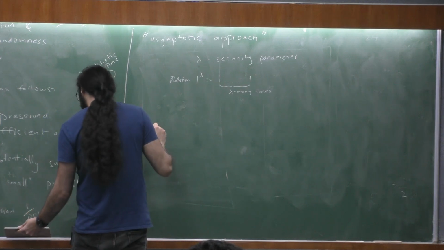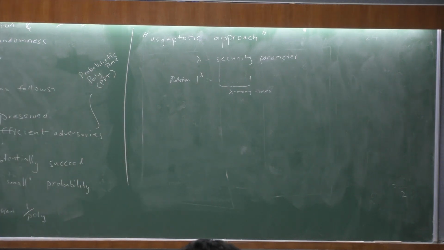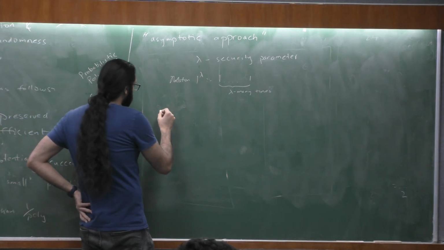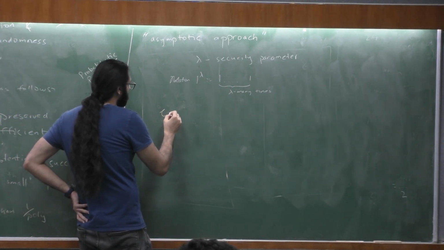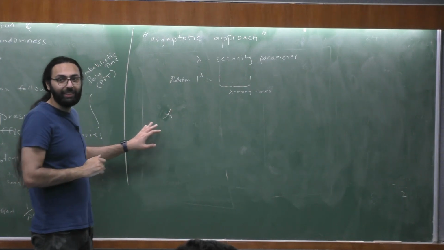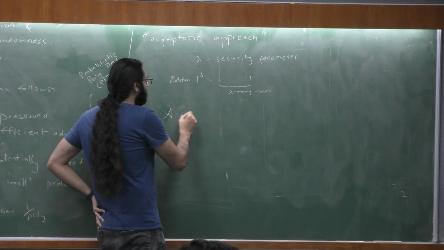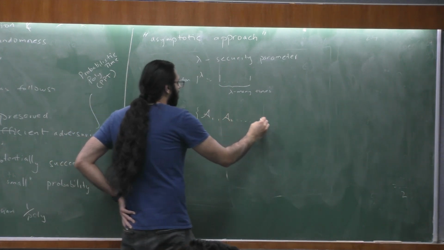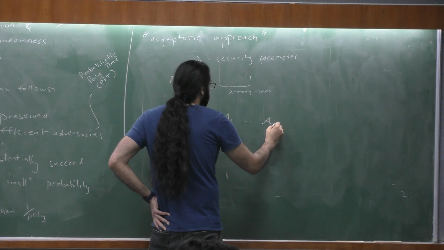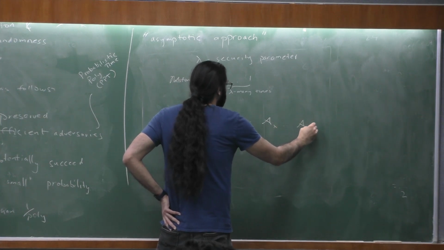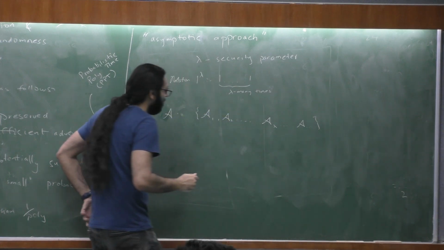So let me give you a simplified version that would suffice. We will never think about a single algorithm. We'll always think about a sequence of algorithms. So if there's an adversary A, what I'm thinking is that there's really a sequence of A's: A1, A2, and so on, up to lambda.